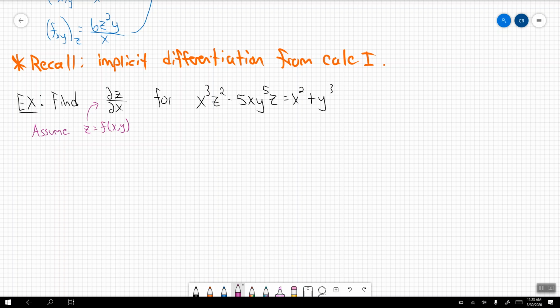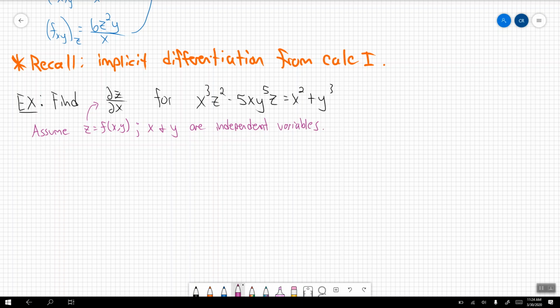That means that any z variable must contain the variables x and y. x and y are independent variables, which means x does not depend on y and y does not depend on x.